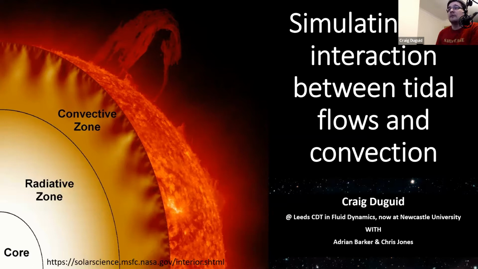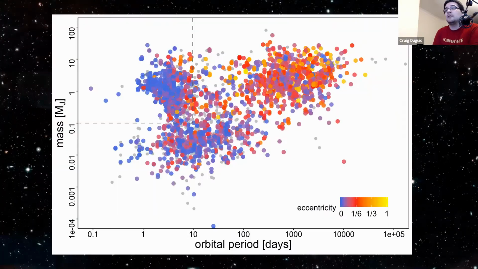To motivate one of the applications of the work, this is a plot of all confirmed exoplanets as of the middle of summer last year, plotted as their orbital period along the bottom and their mass in Jupiter masses in the vertical, and colored by the eccentricity of the orbit.